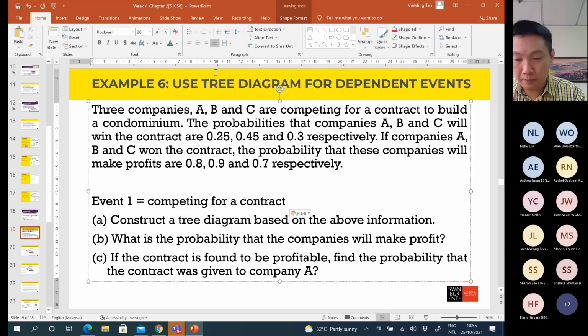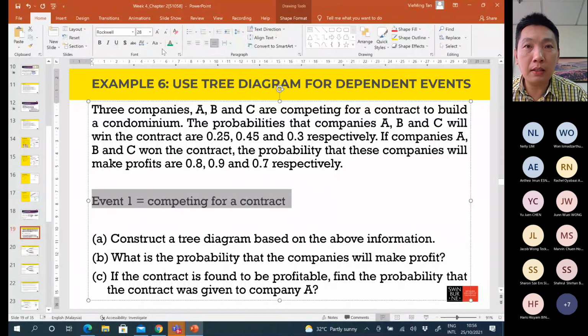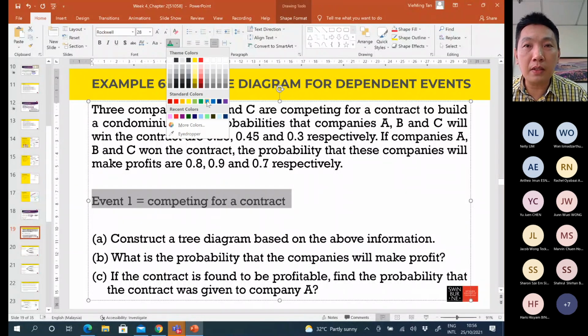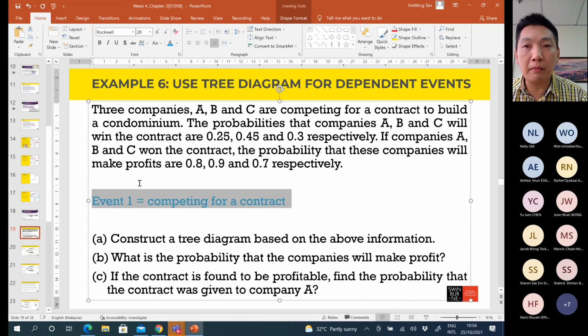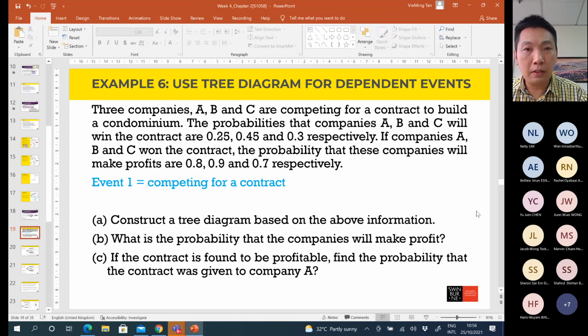So this is event one. I use maybe light blue color. This is only to make us understand better about the case. And then we know that there are three companies trying to compete among each other.